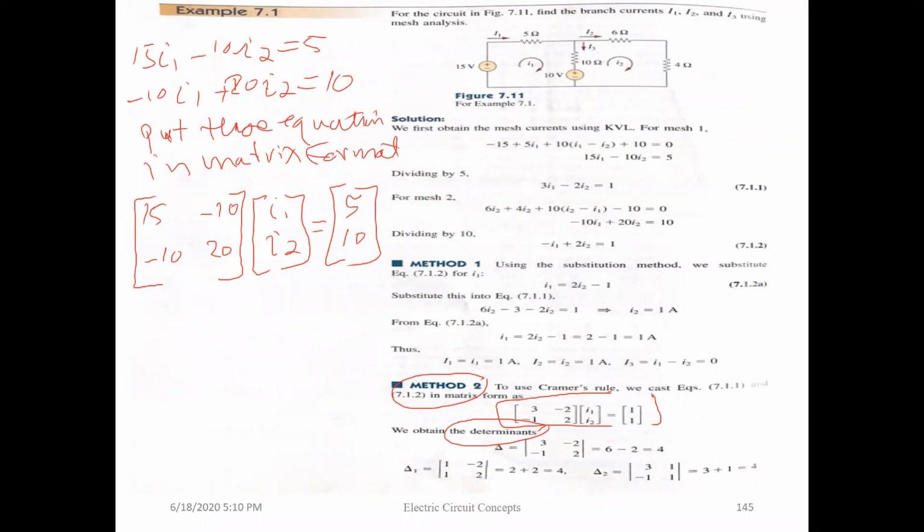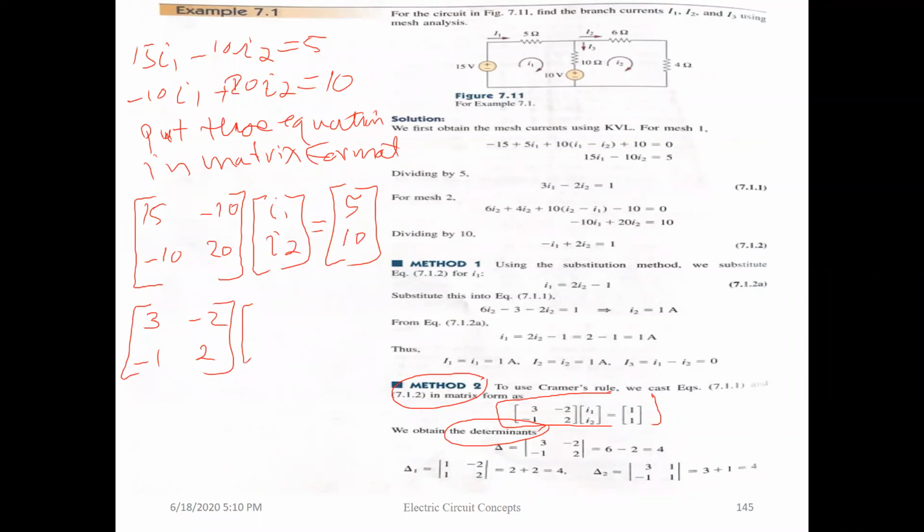Okay, so this is exactly the same, but I think in the book he divided by 5. So 15 divided by 5 is 3. So we can simplify this here, it will be easy for calculation. So we divide all the elements of the first equation by 5, so this will be 3 and minus 2. And the second equation we divide by 10, so it will be minus 1, and 20 divided by 10 is 2.